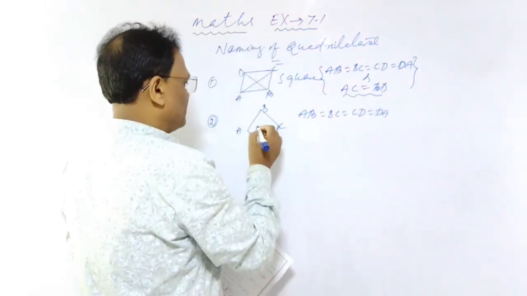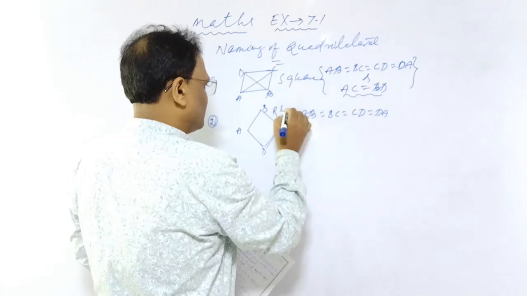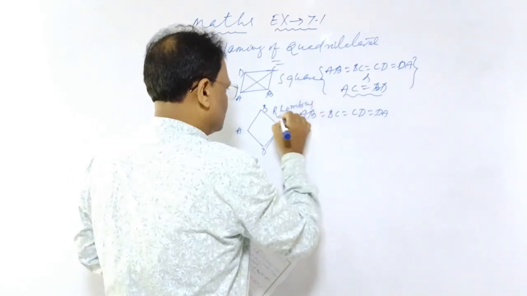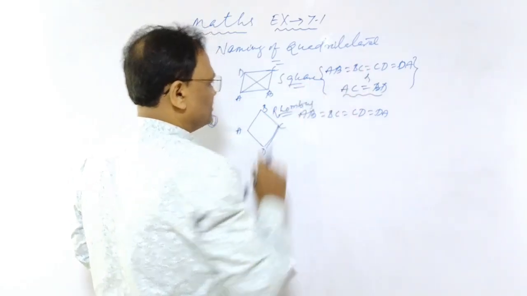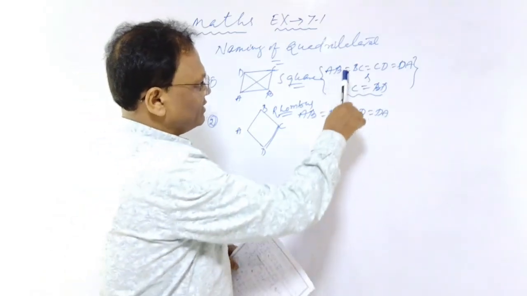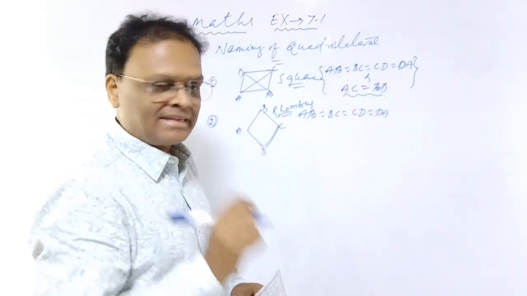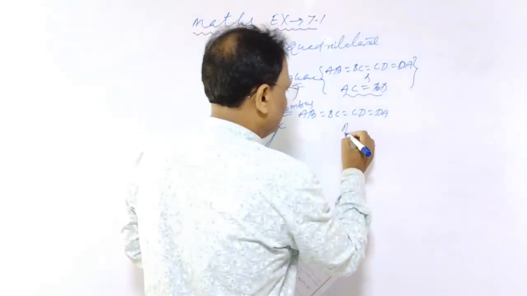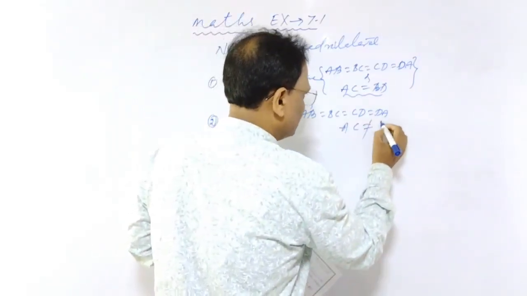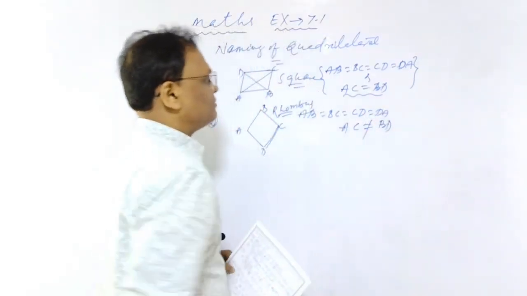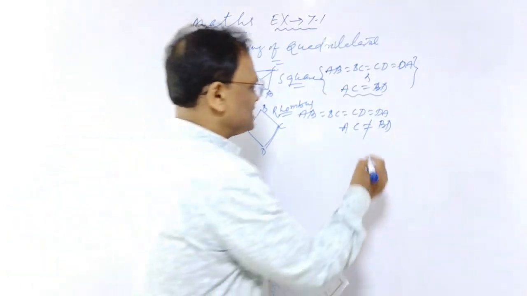This is your rhombus and this is your square. So what is the common thing? In both the cases, all the four sides are equal. But one thing that is different is that your diagonals in case of a rhombus will never be equal.